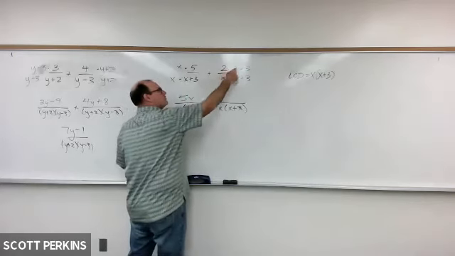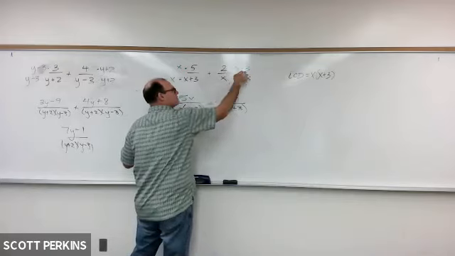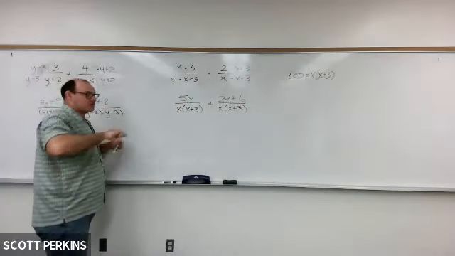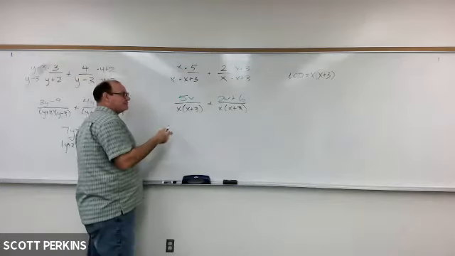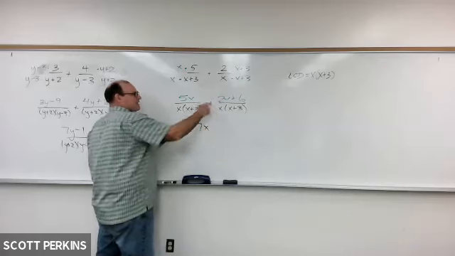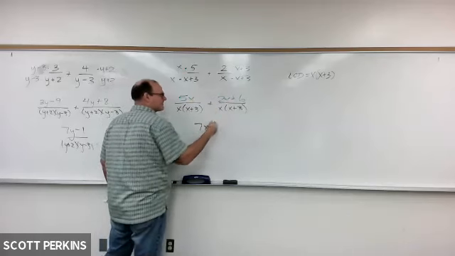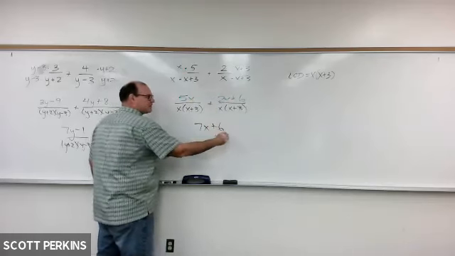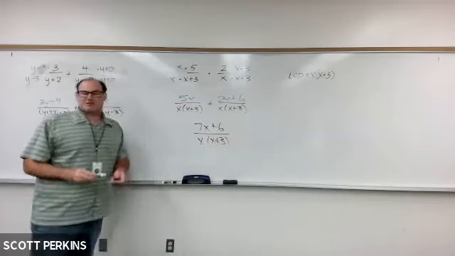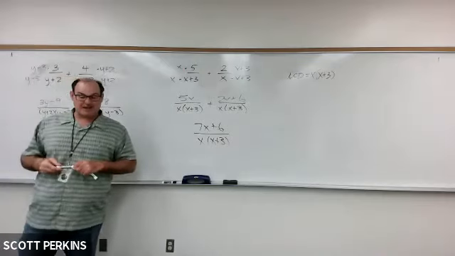So in the numerator, 2 times x is 2x. 2 times 3 is 6. So again, now we've done the hard work, the heavy lifting of the problem. The rest is 5x plus 2x. That's 7x. And then I don't have any number over here, so I've just got plus 6. Nothing factors out of that, so we are good to go. There's my answer, 7x plus 6 over x times x plus 3.